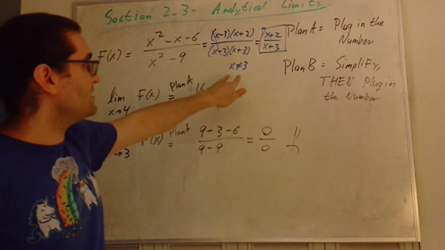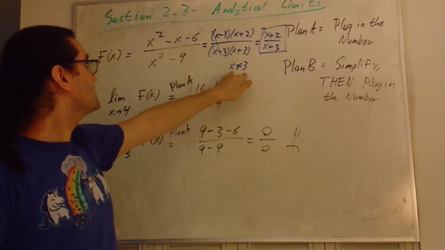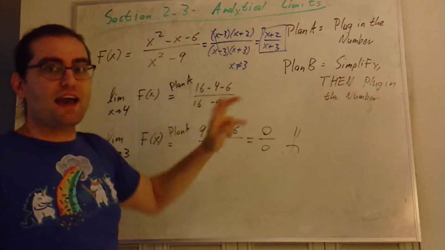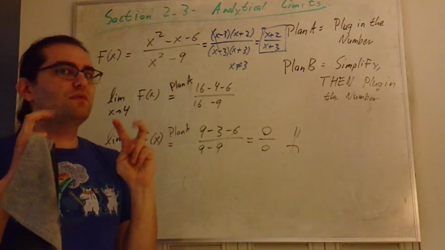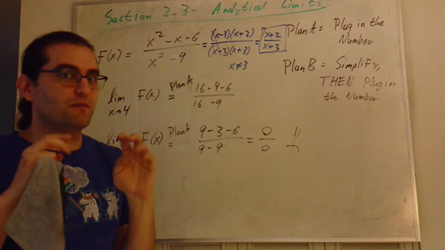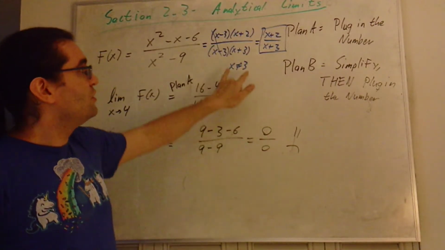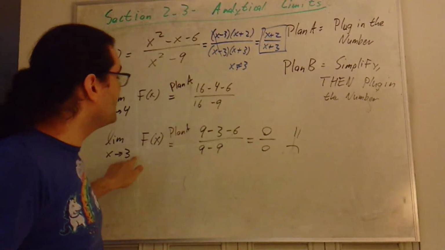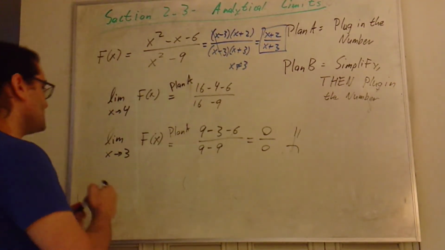Which means I can ignore this thing that says these are only equal when x doesn't equal 3. I can say, yeah, it's okay. x doesn't actually equal 3. It's just going to get really, really close to 3, but it's never going to equal 3, so don't worry about it. It's fine. So we get to ignore this restriction and basically just plug 3 into the simplified version of this. So this is plan B.